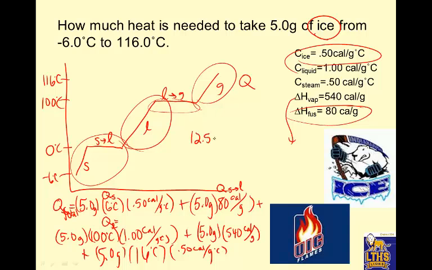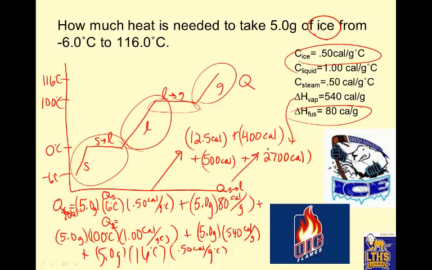So I get the answer for all that. The first one is 12.5, and notice the units are calories, plus 400, and the units for that are also calories, plus 500, units calories, plus 5 times 540, which is 2,700 calories for the fourth Q, plus there's one more Q here, and that is 40 calories.